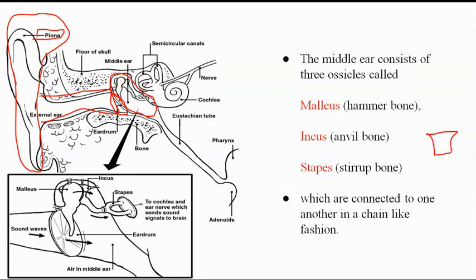They keep the iron like this, and they make it hot, and they hit it with a hammer. So this is what we call the anvil. The next is stapes, which is also called the stirrup, and this is in the shape of a stirrup.